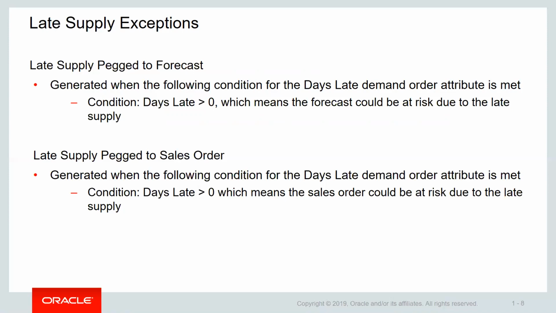There is a similar exception generated for late supplies that are pegged to sales orders. The late supply pegged to sales order exception is generated for the days late demand order attribute when the days late is positive, which means the sales could be at risk due to the late supply.